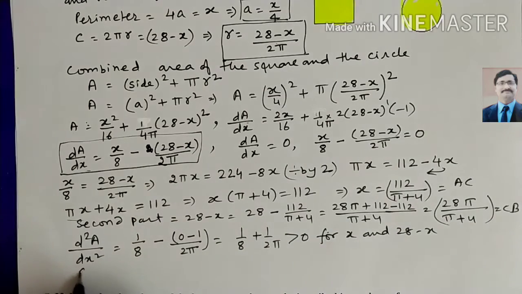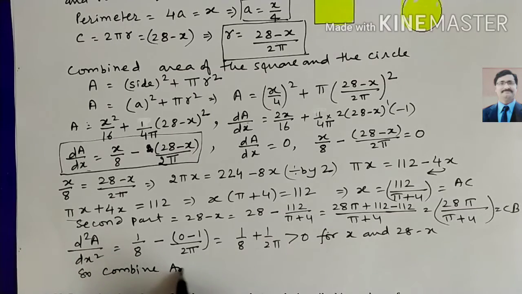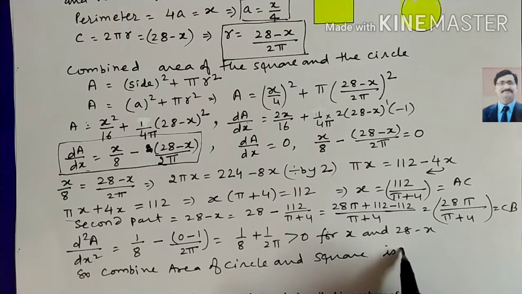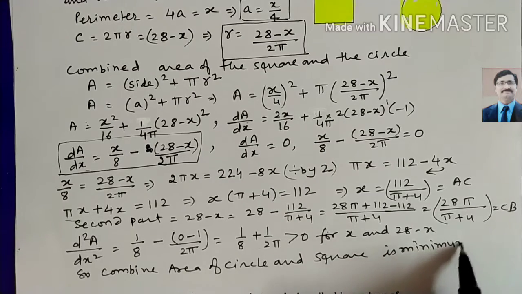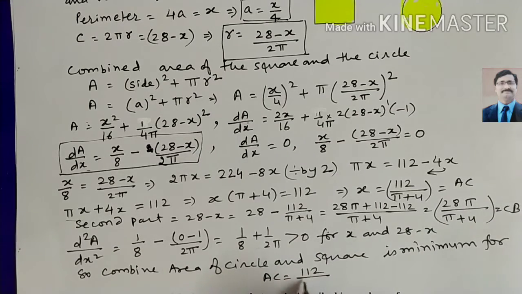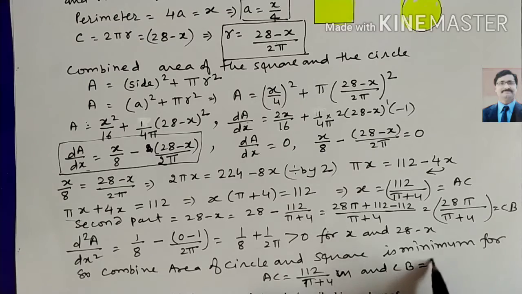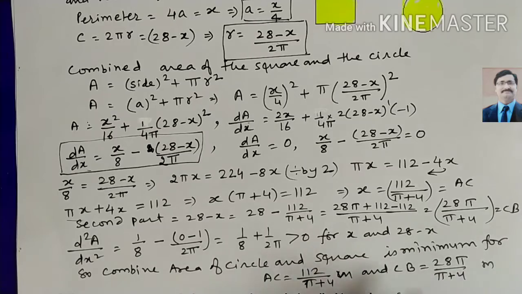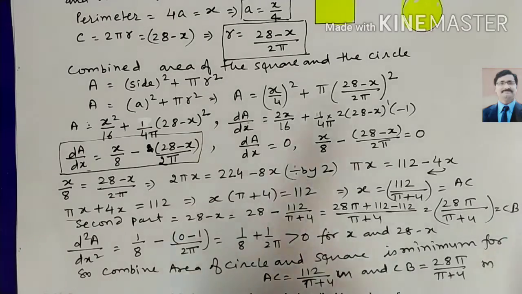This is greater than 0, so here combine area of circle and square is minimum for AC equal to 112 upon pi plus 4 centimeter we have, and CB equal to 28 pi upon pi plus 4 centimeter. So these are the length of the part of the wire.